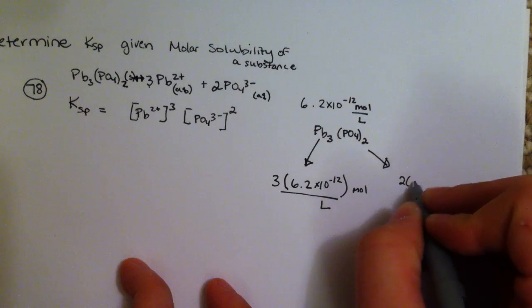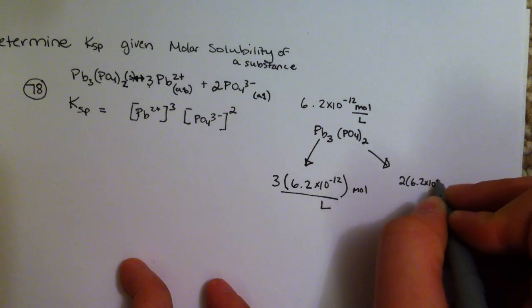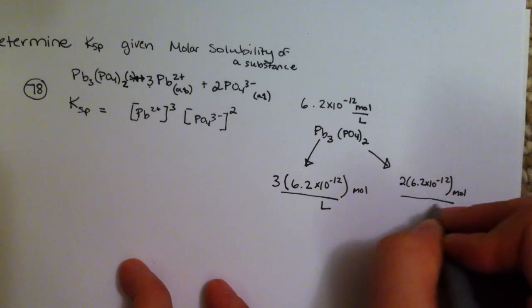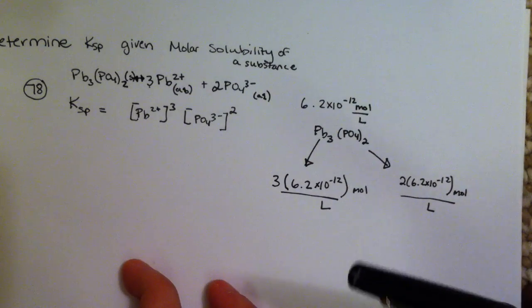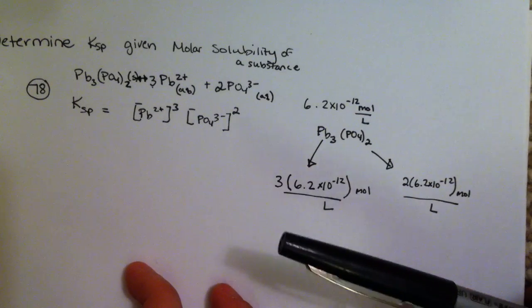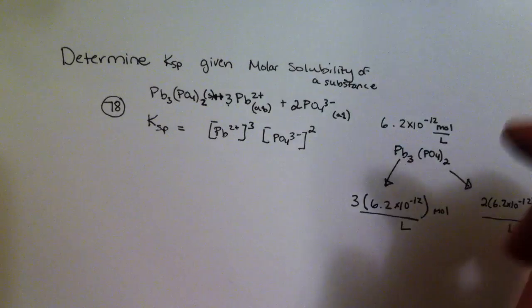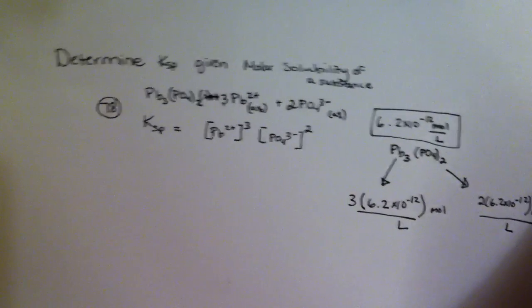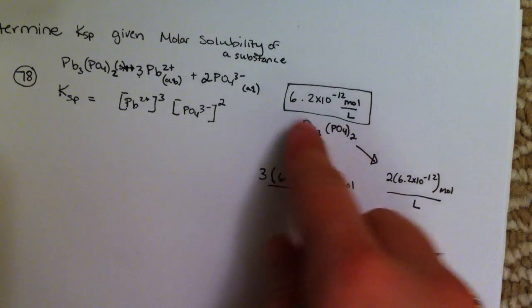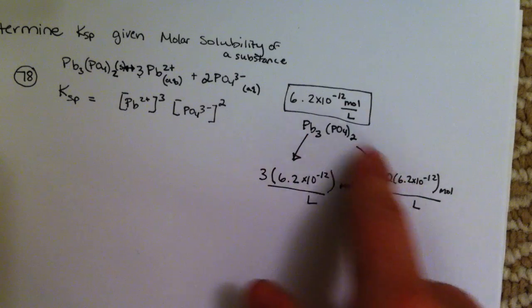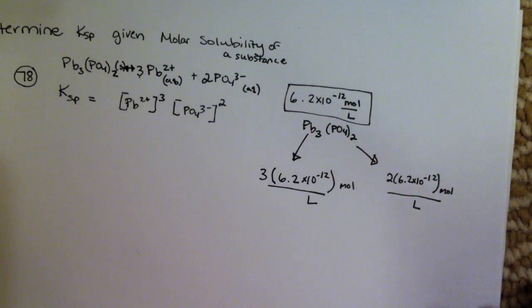So we're going to have 2 times 6.2 times 10 to the negative 12th for phosphate. Those are my new concentrations. The molar solubility, in case you're confused, is how many moles per liter can dissolve. So if that's how many moles per liter of the total thing, then we have 3 times as much lead and 2 times as much phosphate.